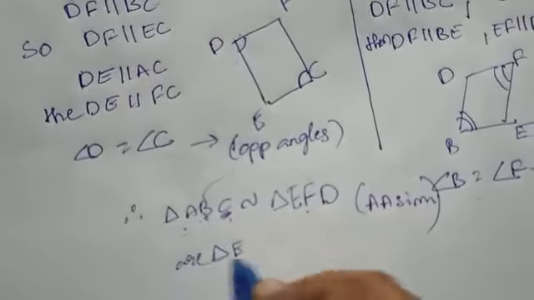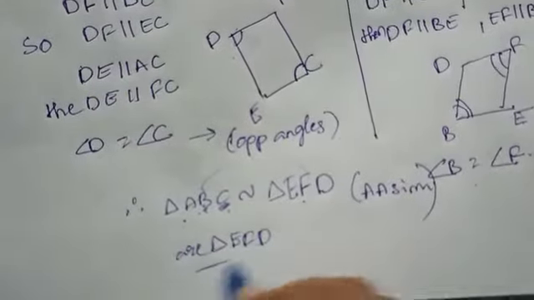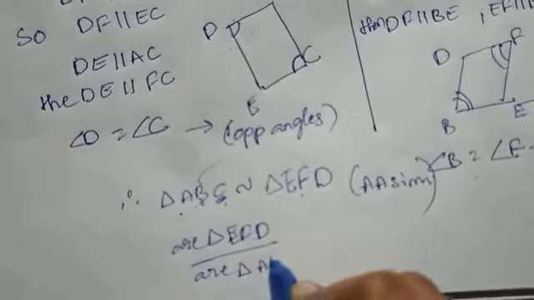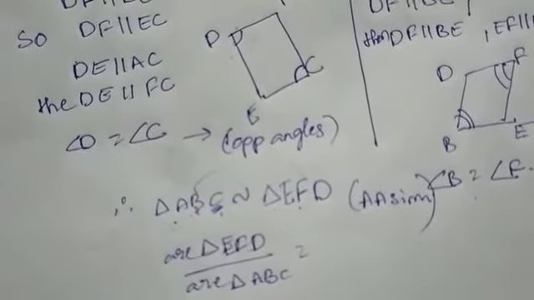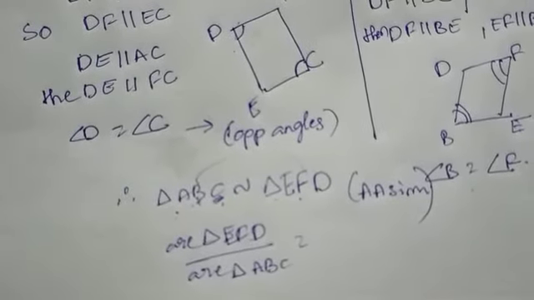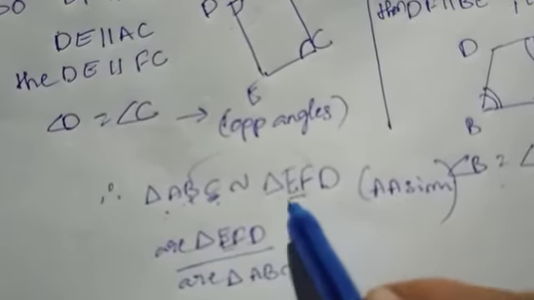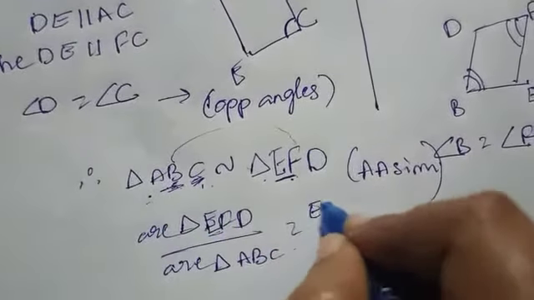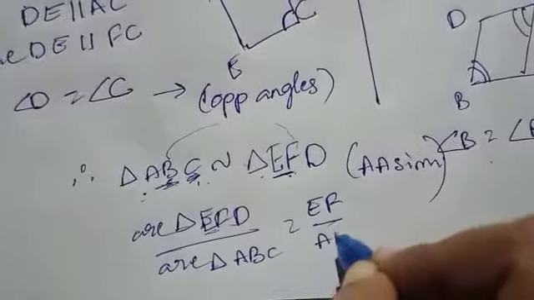Area of triangle EFD over area of triangle ABC equals the square of the ratio of corresponding sides, EF by AB, whole square.